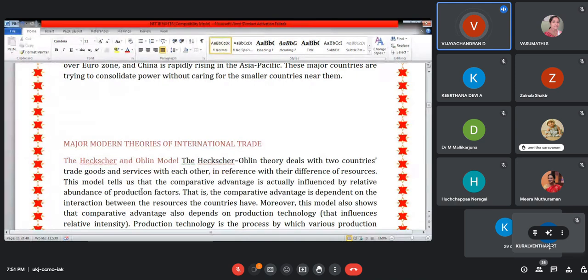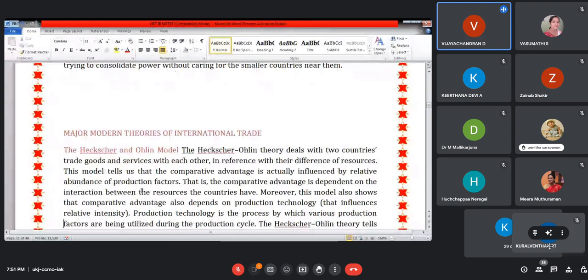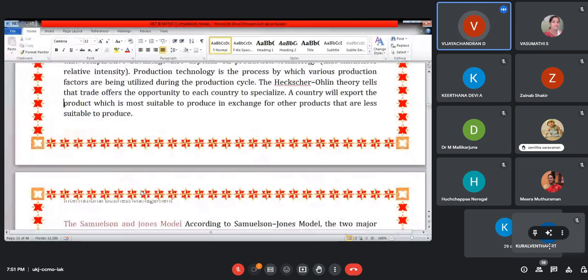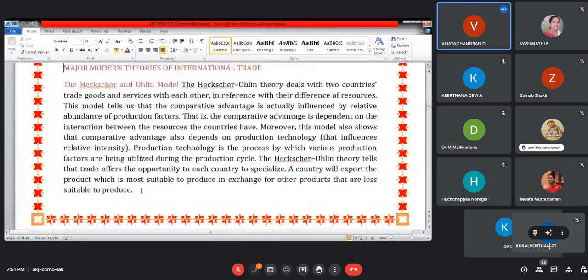So that will influence the country in international trade. That is known as the Heckscher-Ohlin model (HO). The trade opportunities between countries will be based on the specialized product.